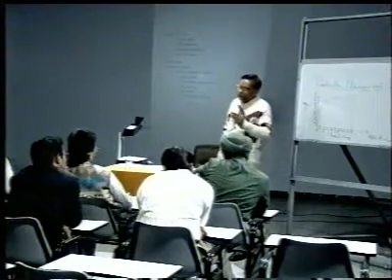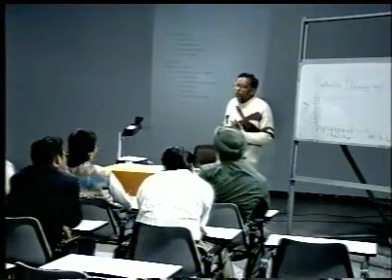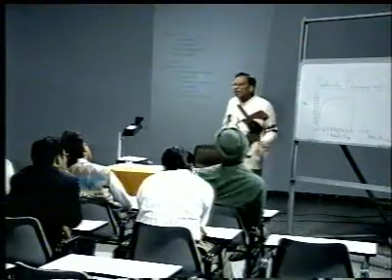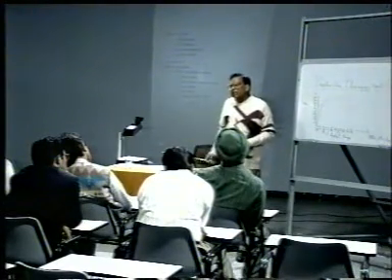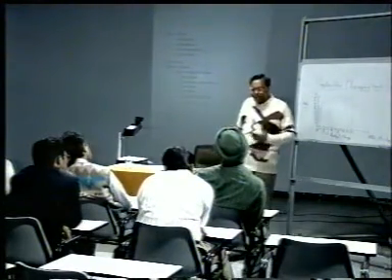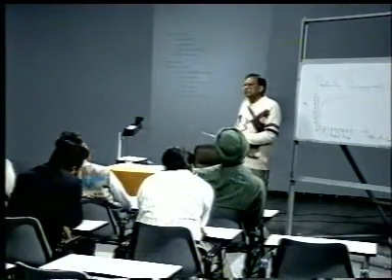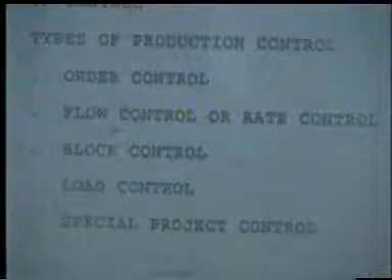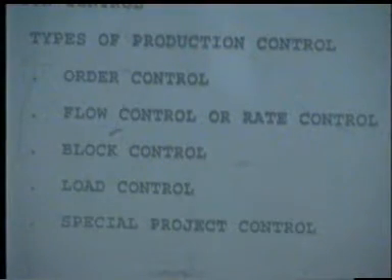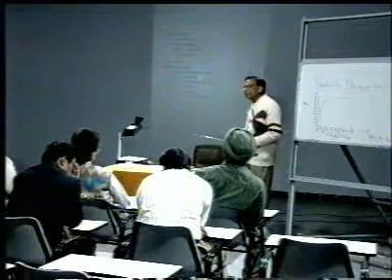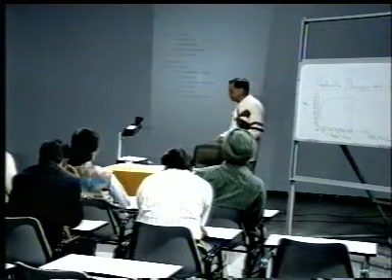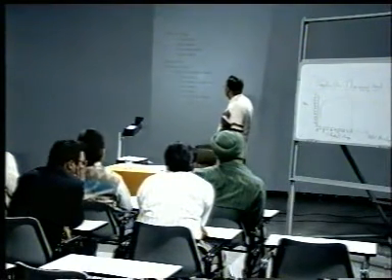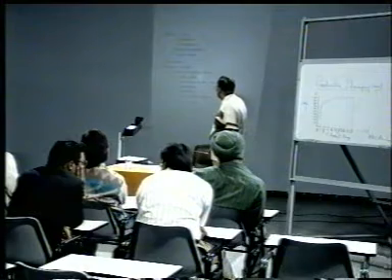Temperature should be maintained within say 80 plus minus 1. Now, there may be a centralized control, there may be a decentralized control. In centralized control, all the variables are being transmitted to the control panel and you are getting the reading. And when they are going away from the limits, then you take the corrective action. So, this is applicable in the case of flow control or rate control.